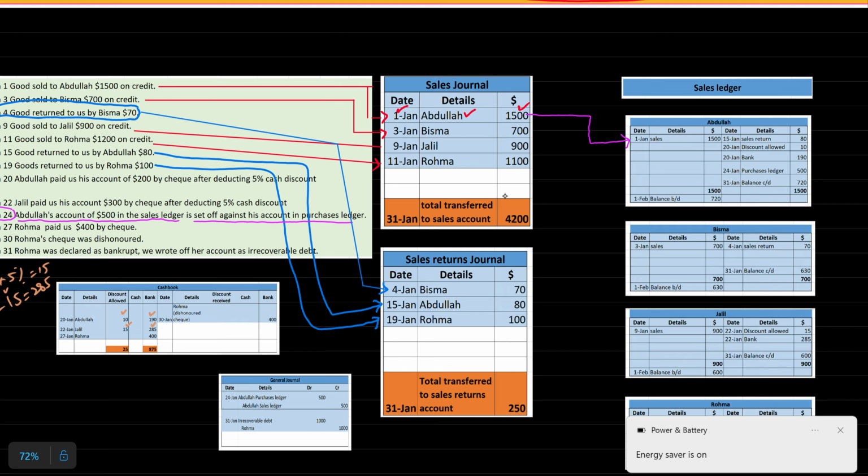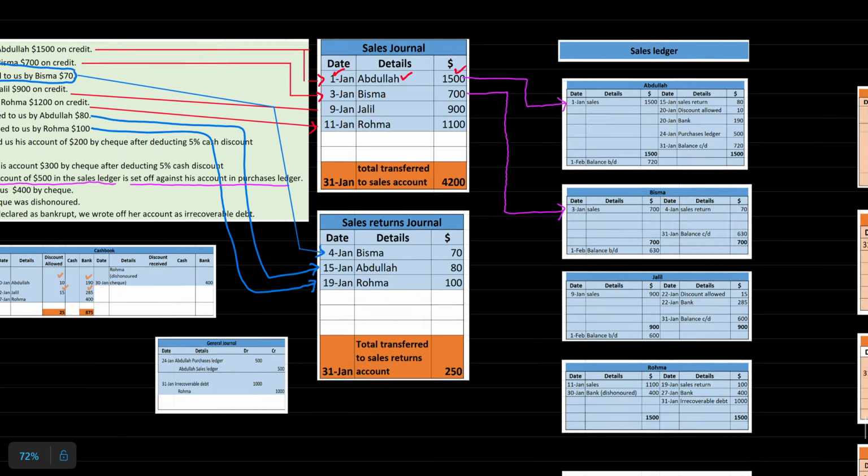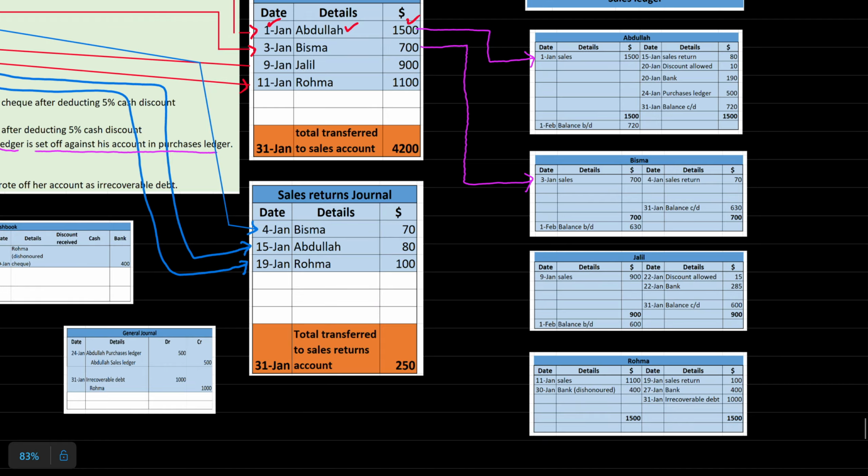Goods sold to Abdullah will be debited in Abdullah's account and credited in the sales account. Similarly, goods sold to Bisma will be debited in Bisma's account and credited in the sales account. Goods sold to Jalil will be debited in Jalil's account and credited in the sales account. Goods sold to Rohma will be debited in Rohma's account and credited in the sales account.